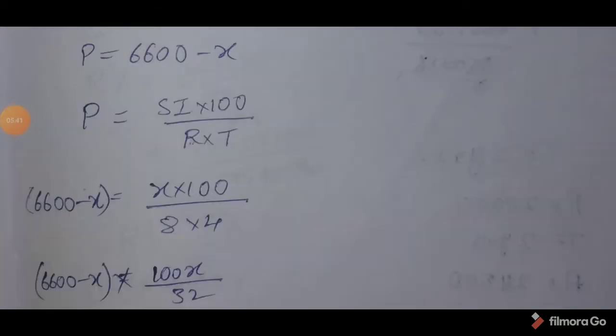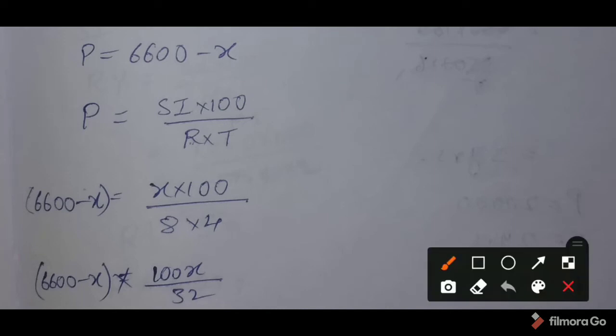We have a formula that principal equal to simple interest into 100 by rate of interest into time. So I'm substituting the values here. 6600 minus x is principal, equal to x into 100 by 8 is the rate of interest, into 4 years time. So 6600 minus x is equal to 100x by 32.